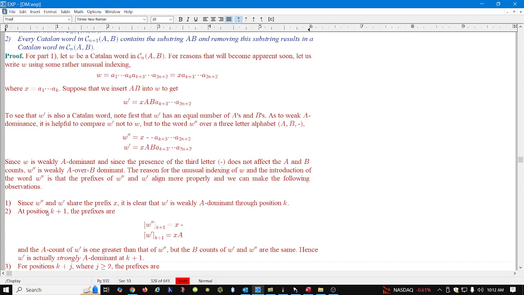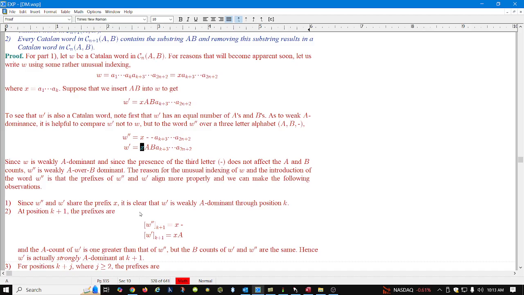So, first observation, since W double prime and W prime share the same prefix X, we know that W prime is weakly A dominant at least through position K, because it's identical to W double prime.